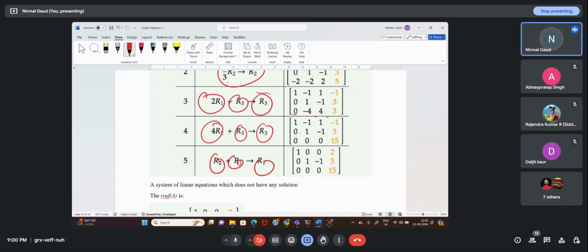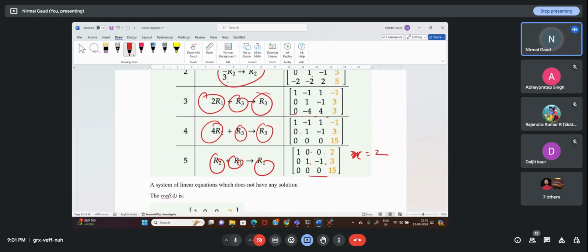By seeing this, what I can say is, this is x, which is looking like 2, then y and z.